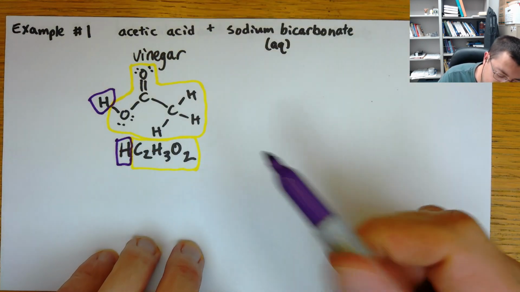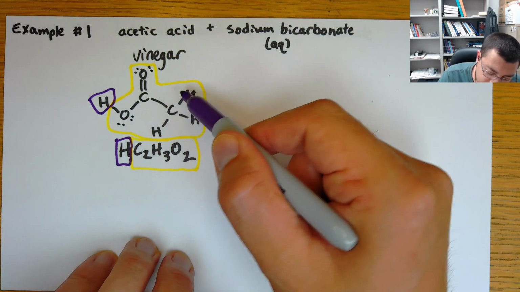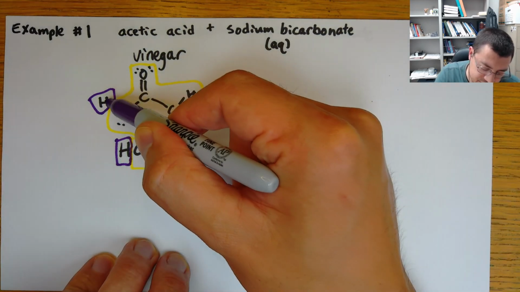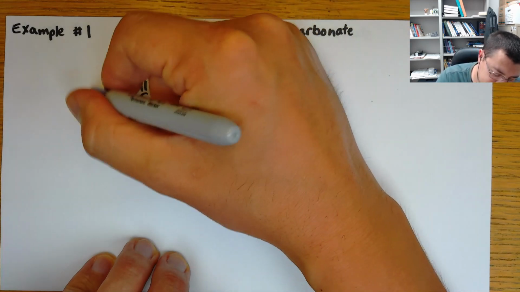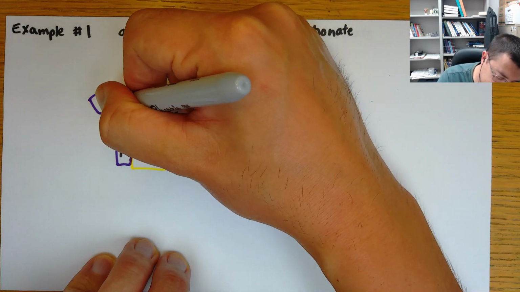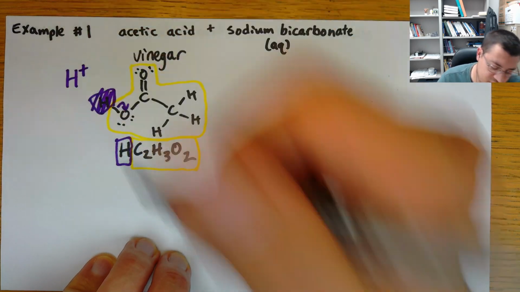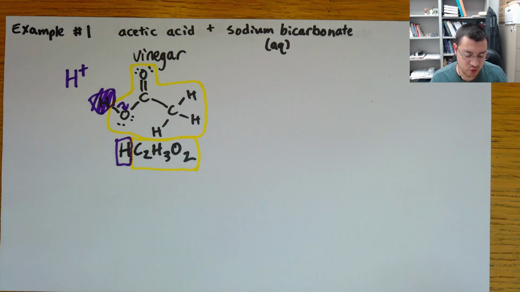Okay, and so when vinegar is acting as an acid, this H plus right here might react. So this might bump off by these electrons being transferred to the oxygen. That hydrogen bumps off, and it becomes an H plus to be absorbed by the water in the solution or by some other molecule it's reacting with.